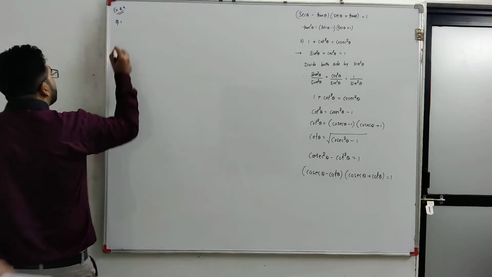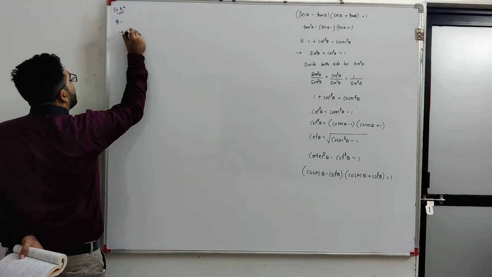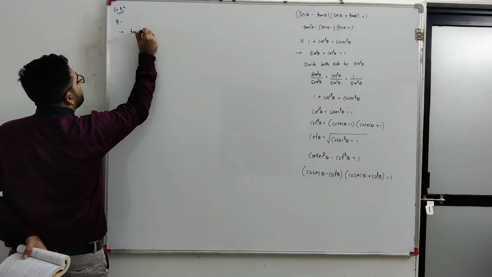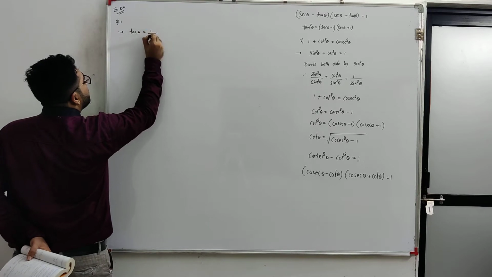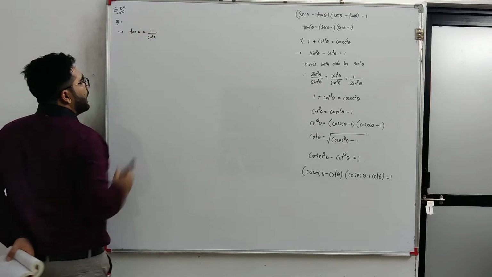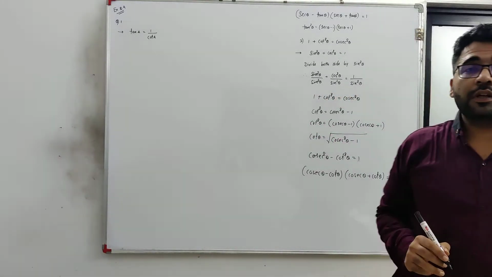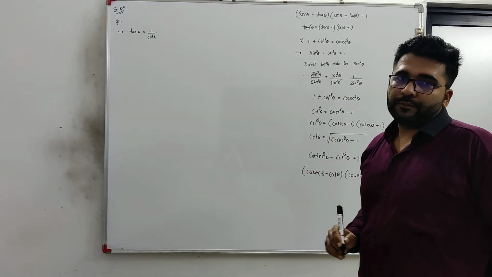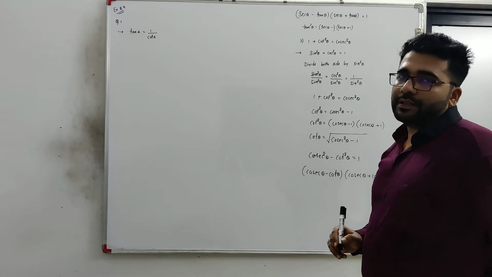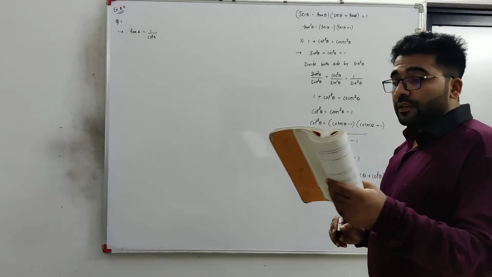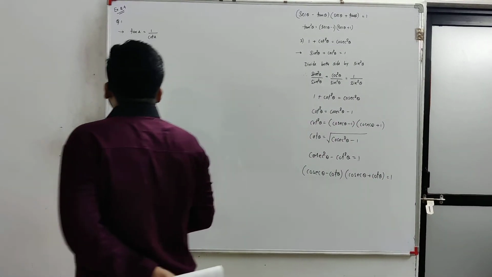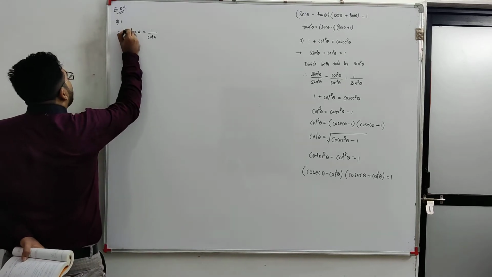See here, first I will convert tan A directly into cot A. Why? Because we know that there is a reciprocal relation between cot A and tan A. So this is my first answer.